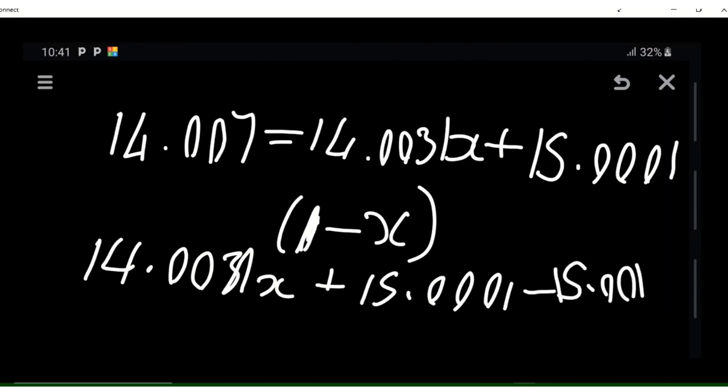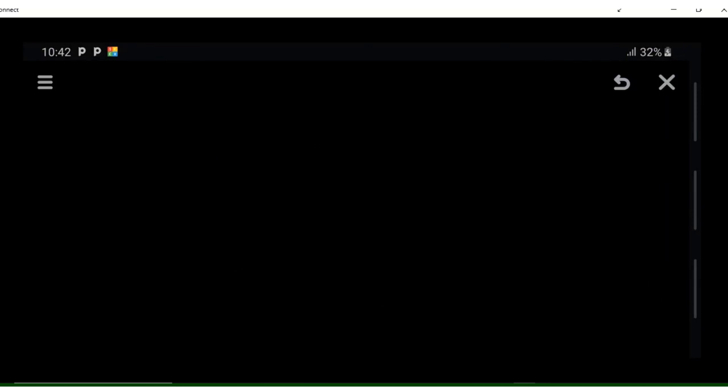Now this is an equation equating to 14.007. You add like terms, 14.0031x and minus 15.0001x. Let me punch it on the calculator. You can use your calculators.